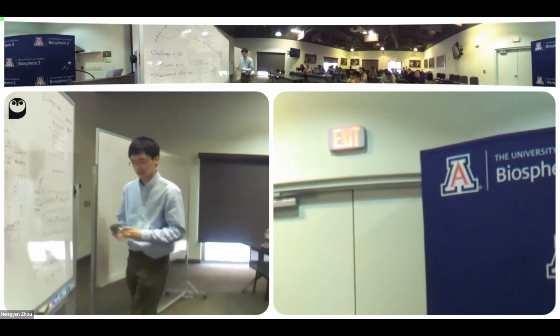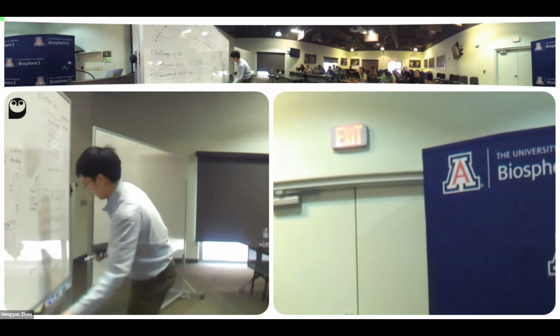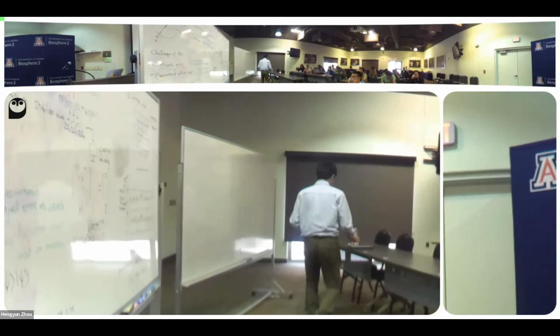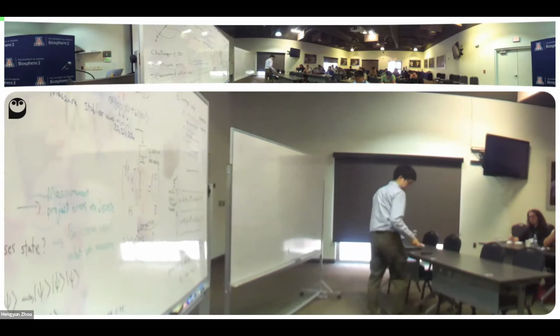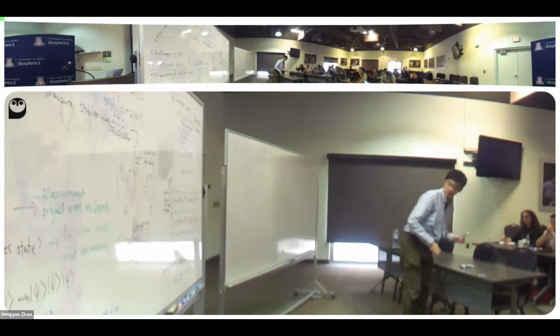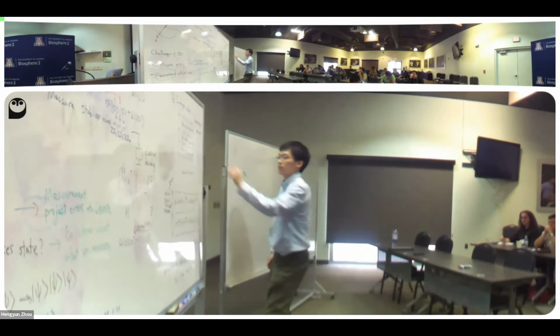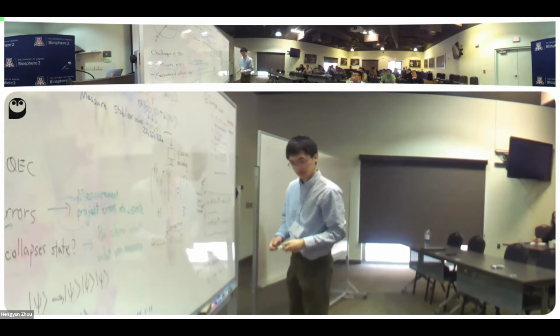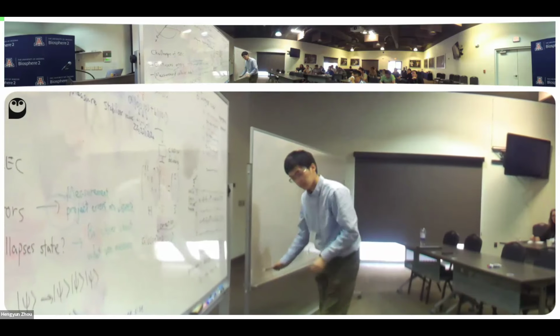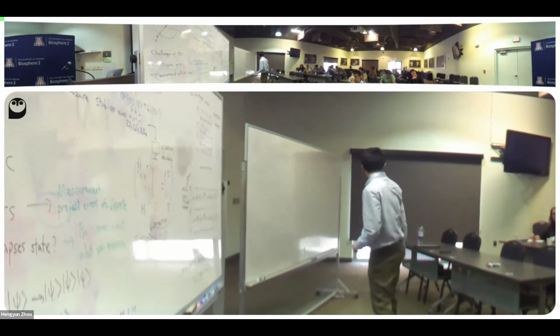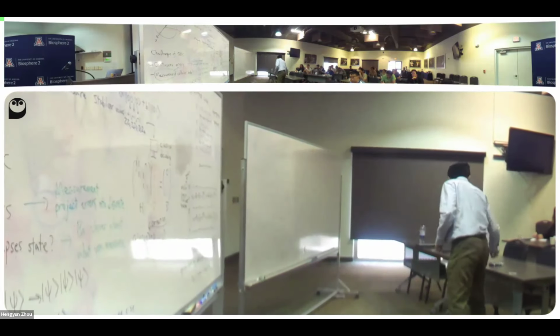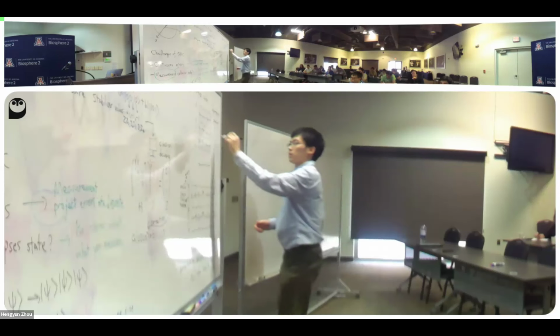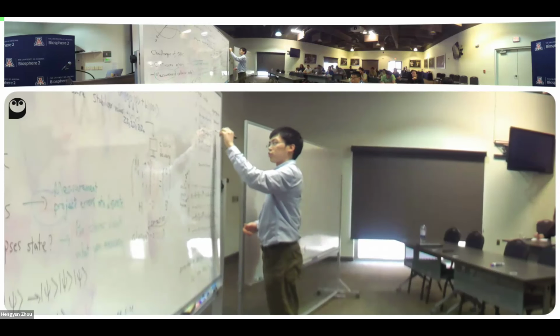So in this 2D graph, the circles are data qubits.